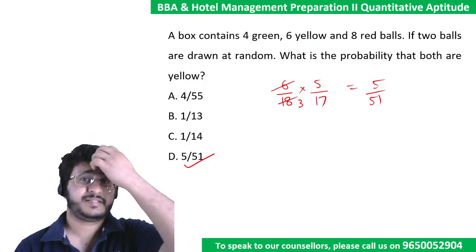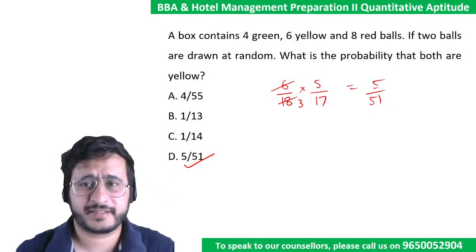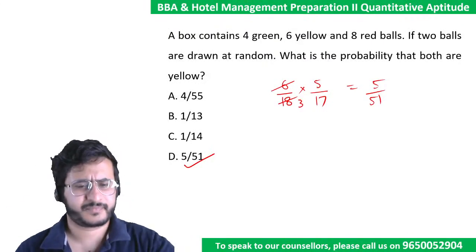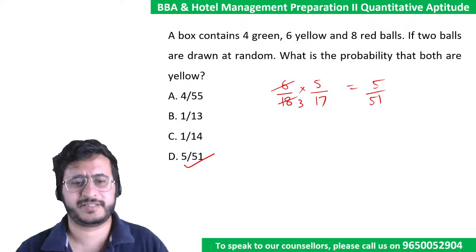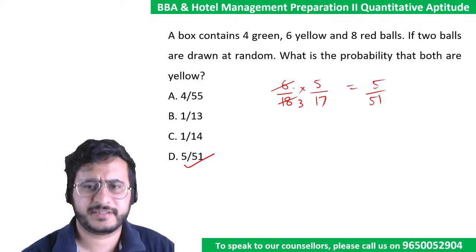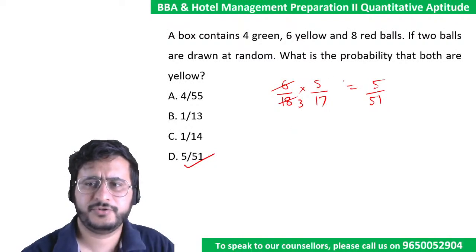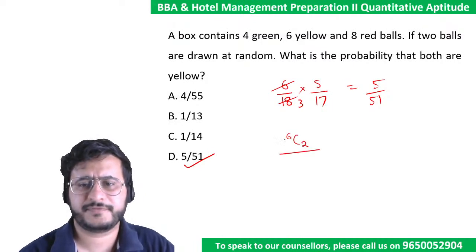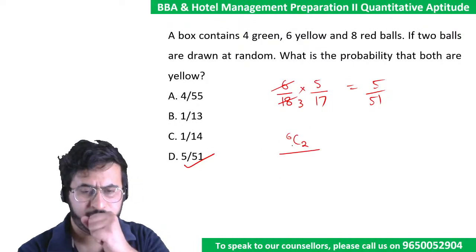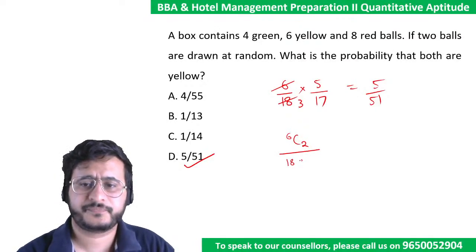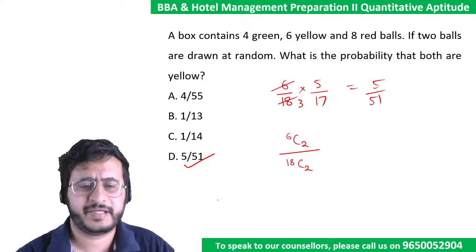Okay, and then there is another method of combination that we shall discuss someday, and for that you need to understand what combination is. The method says that you have to find the favorable outcomes. The favorable outcomes will be selecting 2 yellow balls out of 6 yellow balls, and your total ways of selection would be selecting 2 balls out of 18 balls, right?